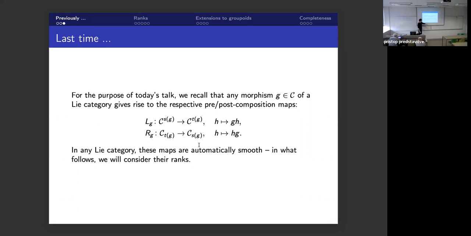So there is a piece of notation here that's also missing.